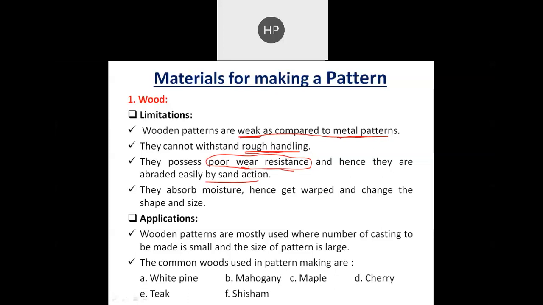Suppose you make a pattern from wood and you make one object, two objects, three objects, up to 10 objects, its dimension will be steady. But after that, if you make 50 products or even 100 products from the same pattern, you will see a difference in the shape and size. Why?